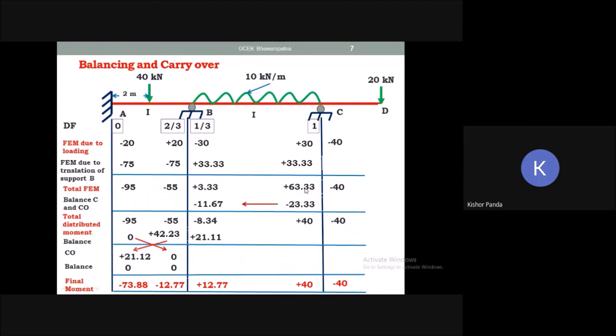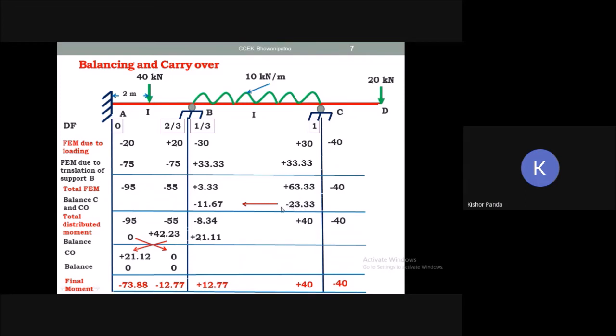And this moment you have to distribute by multiplying with the distribution factor. This is the unbalanced or net moment that you have to multiply with the distribution factor, and you put it here with the opposite sign. Here you got plus 23.33 into 1, but here you have to balance by the opposite sign, minus 23.33.